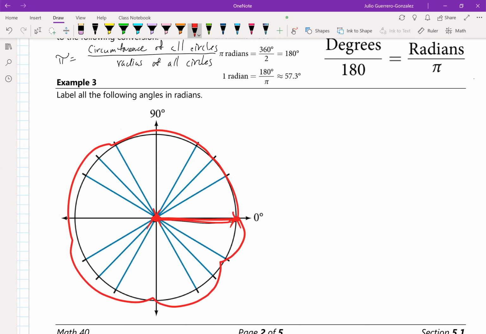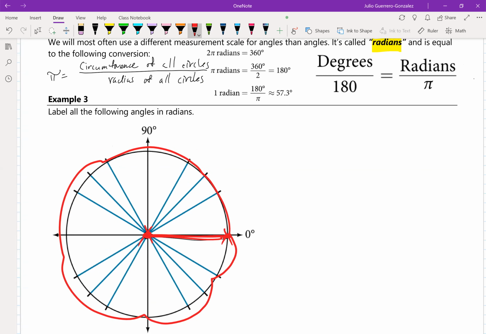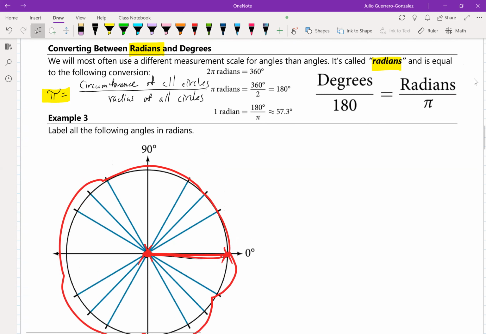And that number tends to be something very nice, and that's the number that we call pi. Okay, so what a radian is, is how many radiuses I can stick along the circumference of a circle.